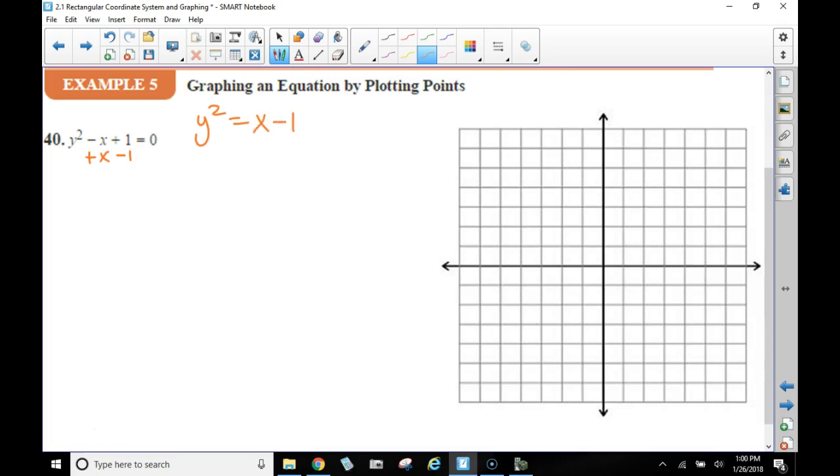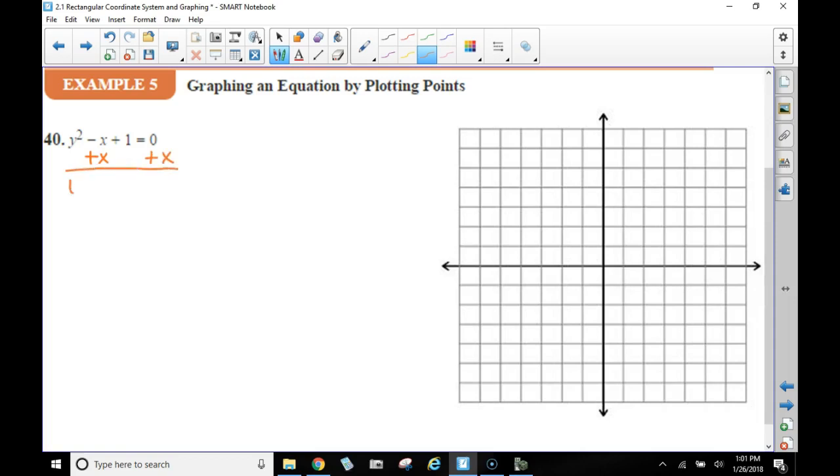Then to solve for y, take the square root of both sides, and now I've got a big mess. You don't have to do that. This would work, but what you might rather do is solve for the variable x by adding it to both sides.